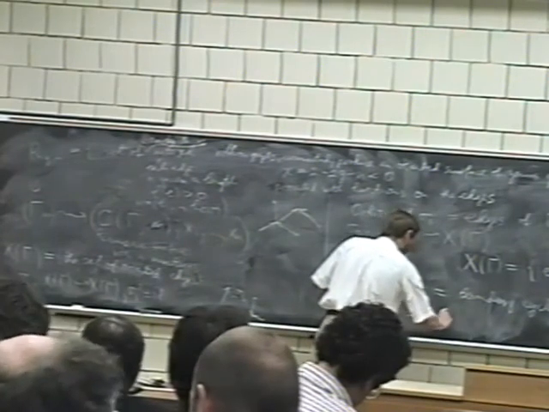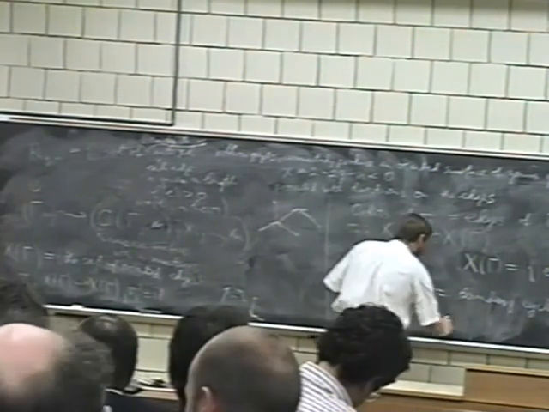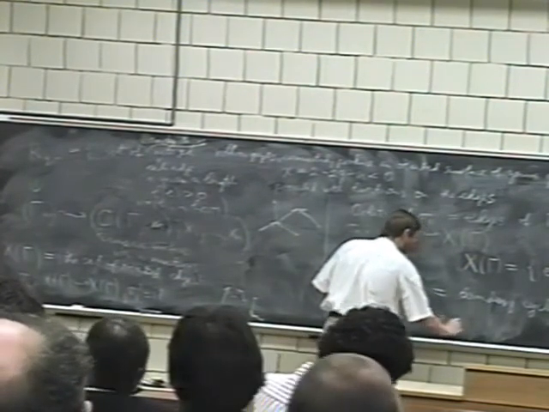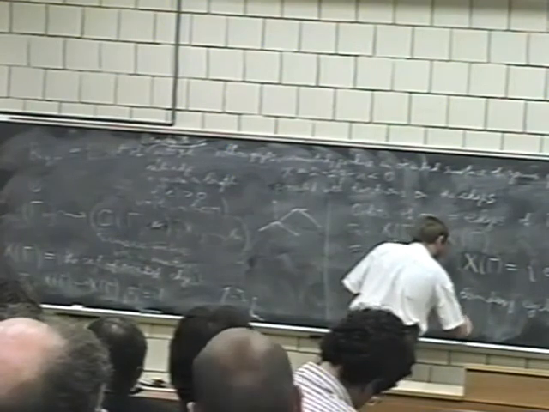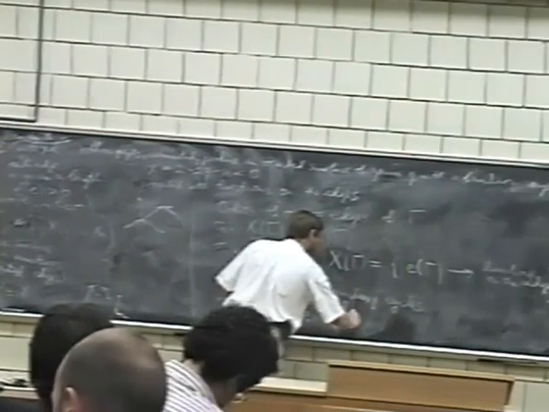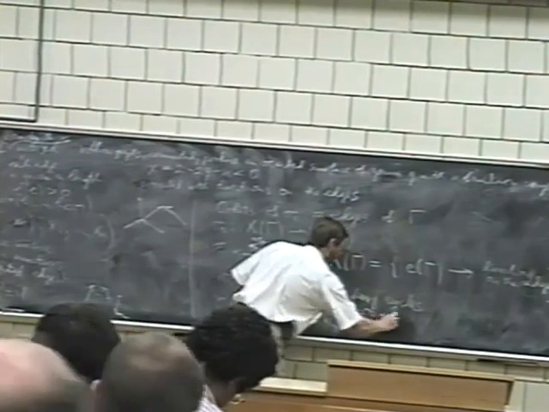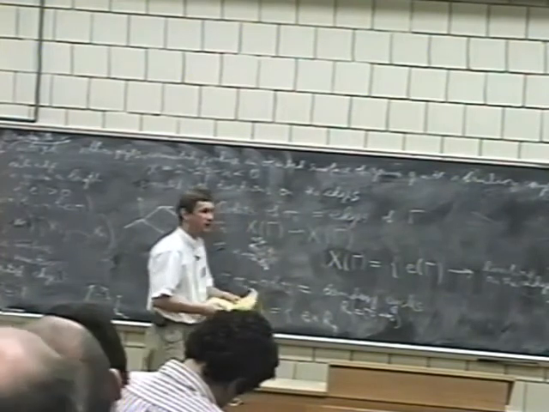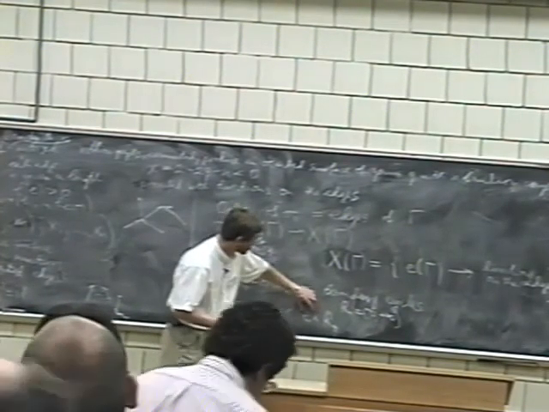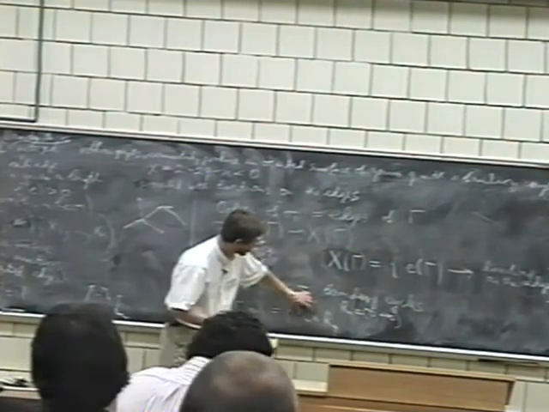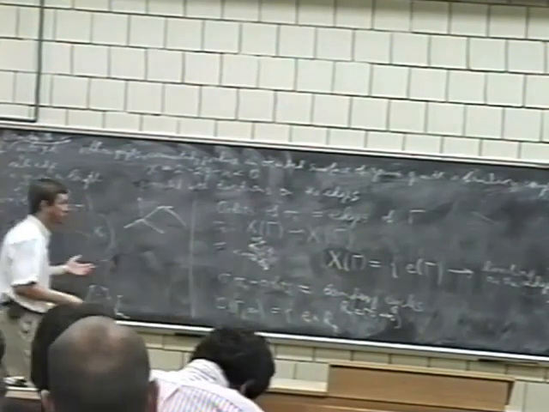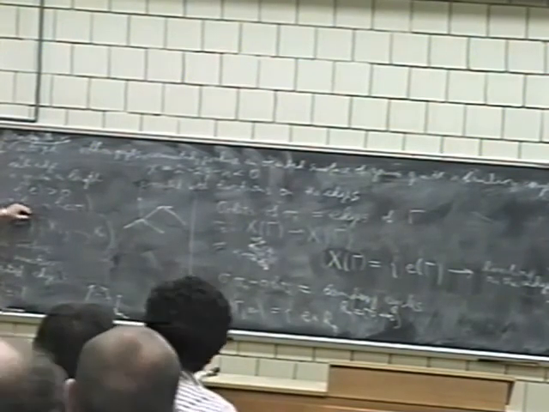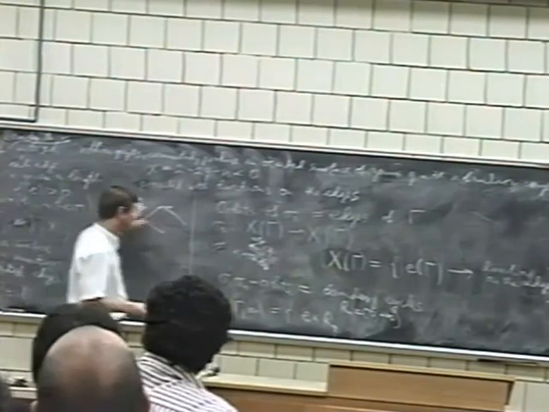Let's take with each edge, edge cross R plus, where R plus is the semi-infinite line, and take the standard Euclidean metric on R plus, and on E we have this metric because E is an interval of a certain length L.